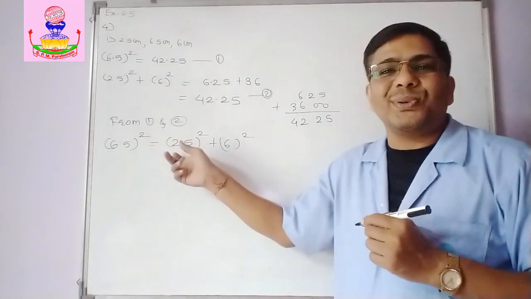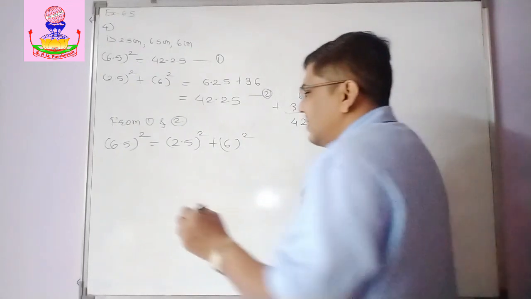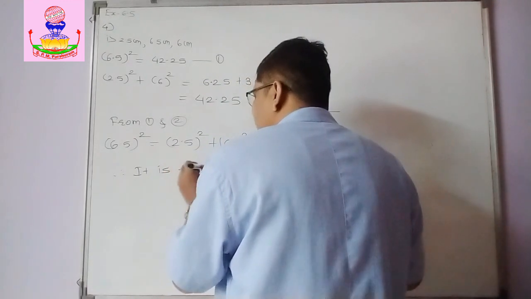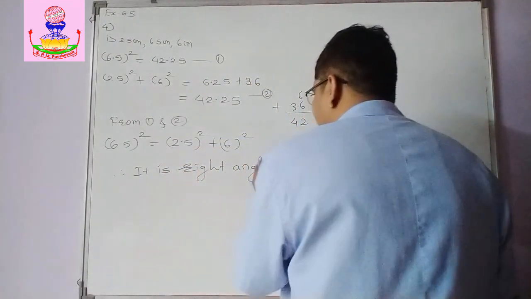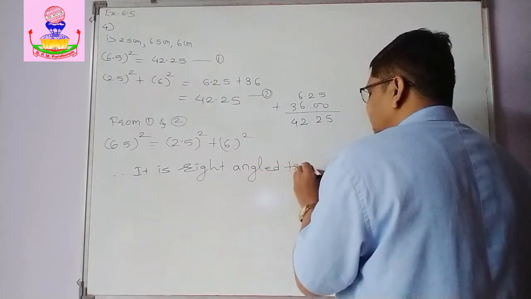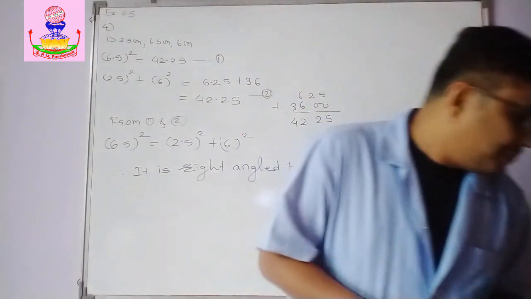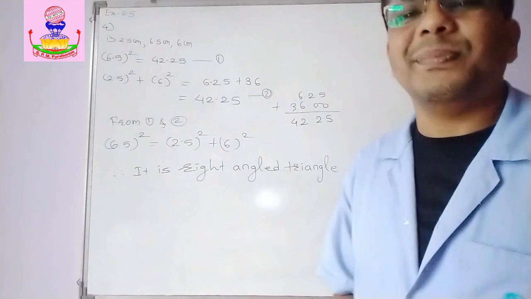That means the longest side square is equivalent to side 1 square plus side 2 square. So therefore it is a right angle triangle. I hope you understand. Now let's move to the next example.